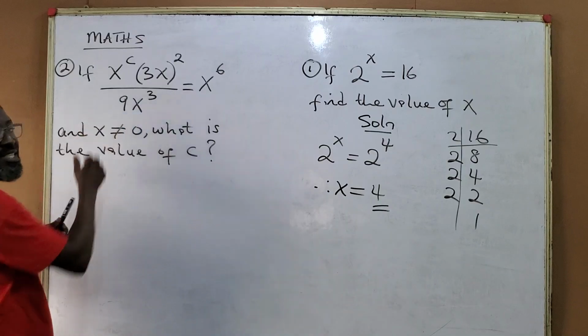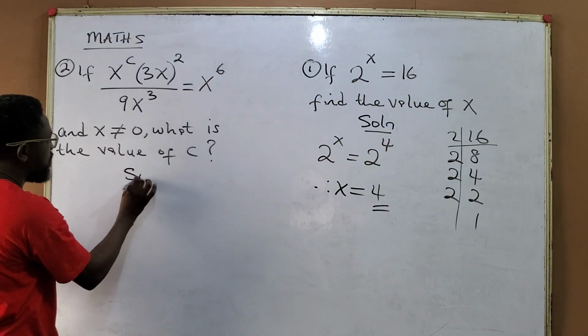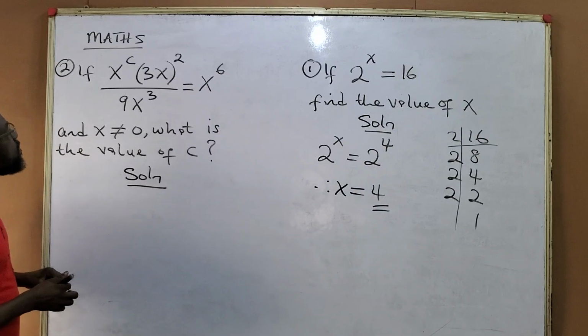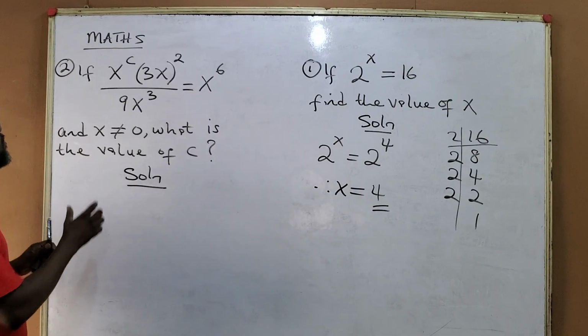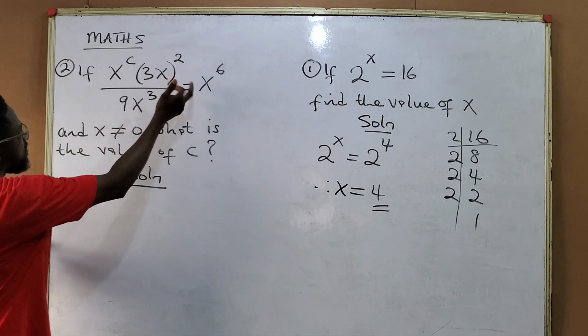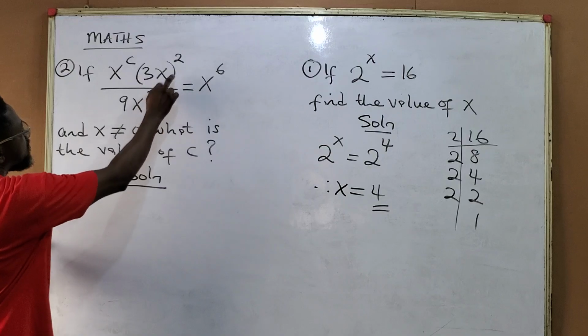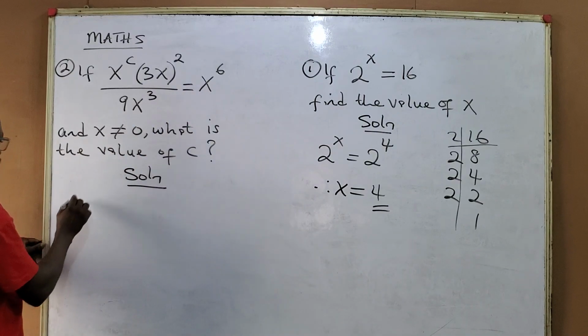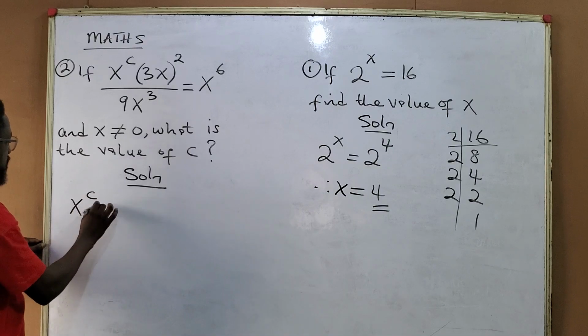If you want to solve this particular question to get the value of c, the first thing you do is think about a way to write it. Okay, the expression is in brackets, so we open up the bracket first. If I open up that bracket, what I have is x to the power c.